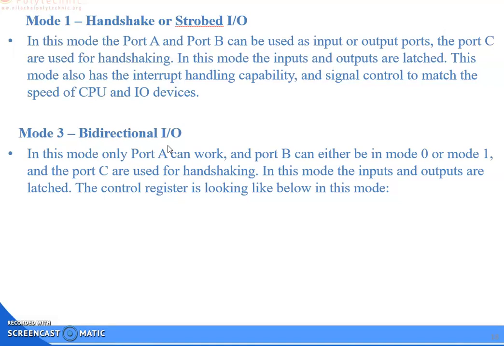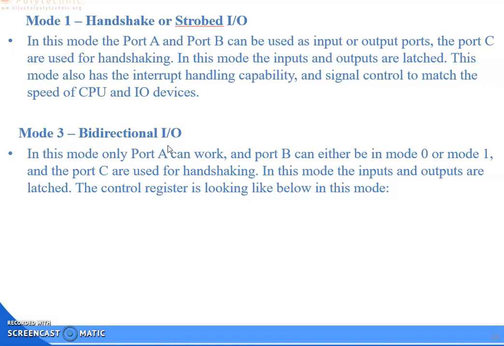This mode also has interrupt handling capability and signal control to match the speed of CPU and IO devices. So next is mode 2, that is bidirectional input output port.